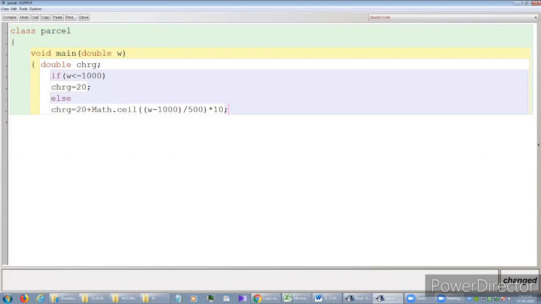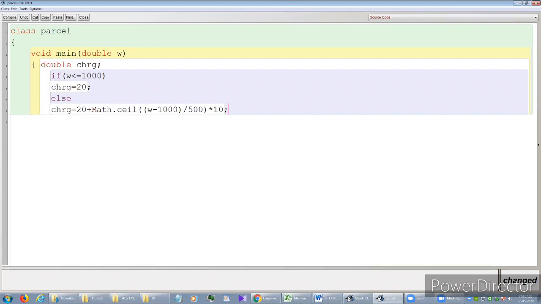But how can the program do it? This is the logic. Math.ceil, as we know, converts to the nearest highest whole number in double data type. So this concept we are utilizing here. Because of that, fraction thereof means what?